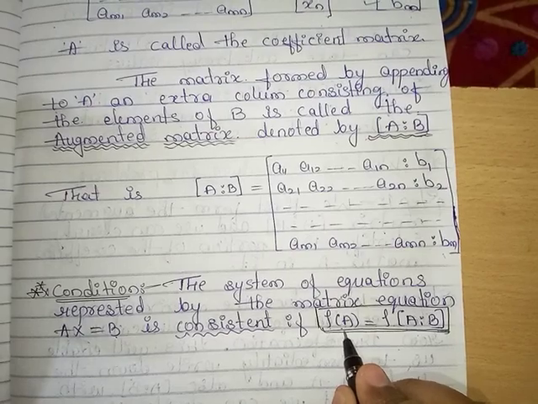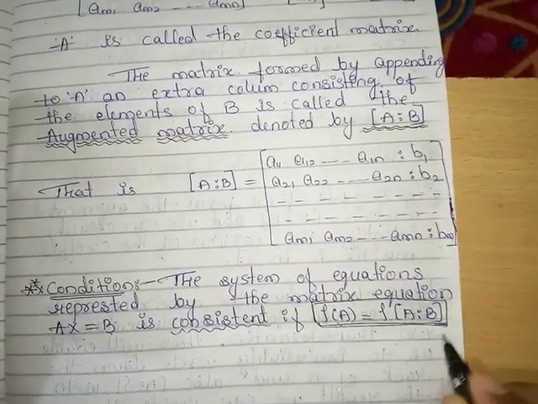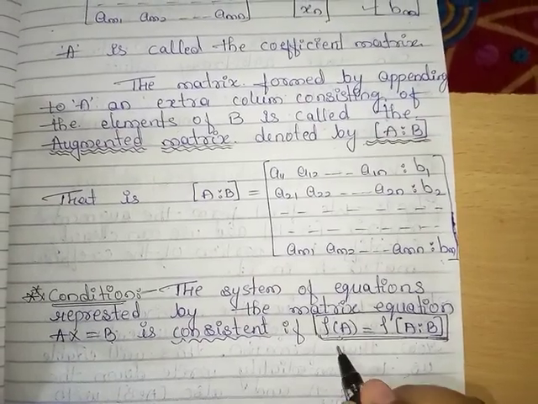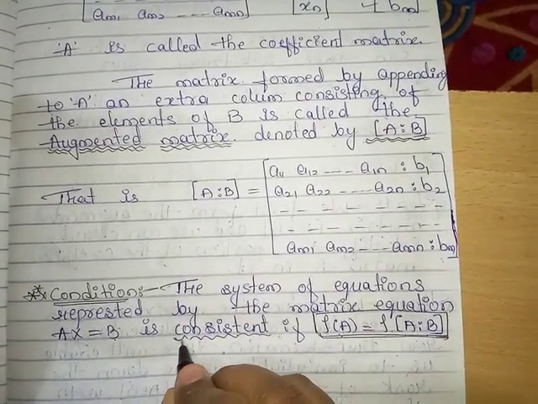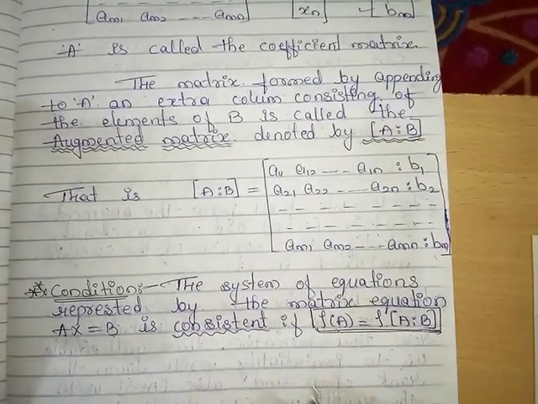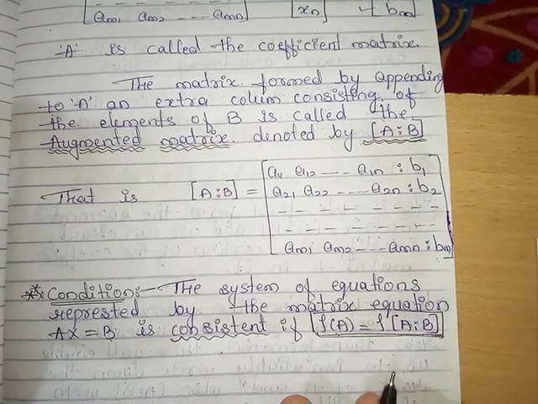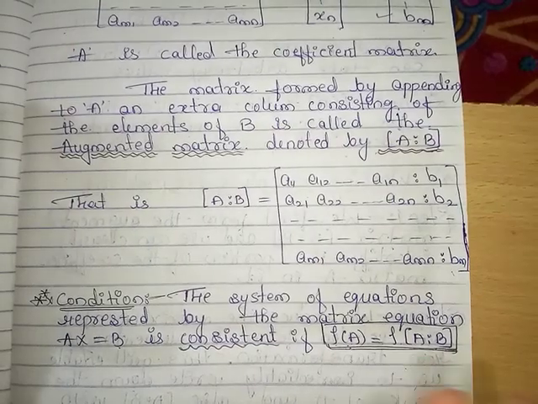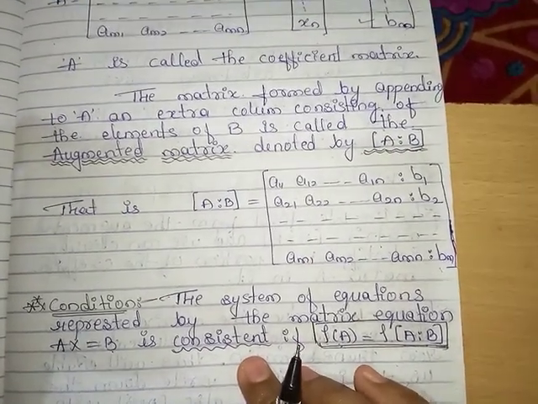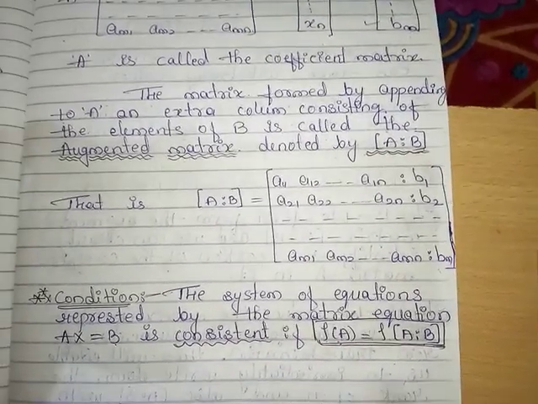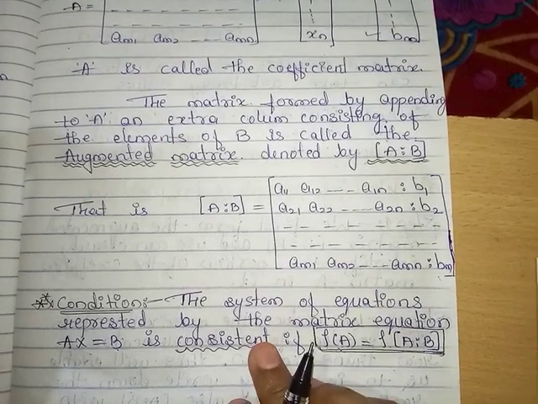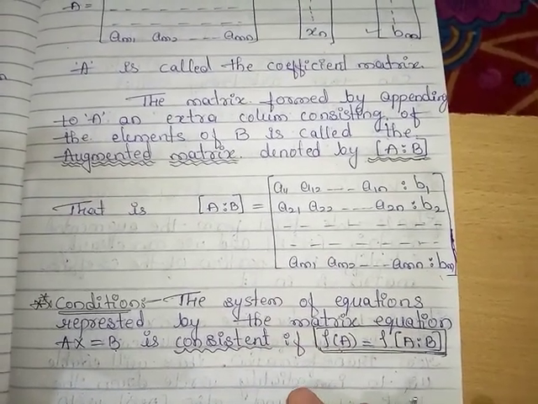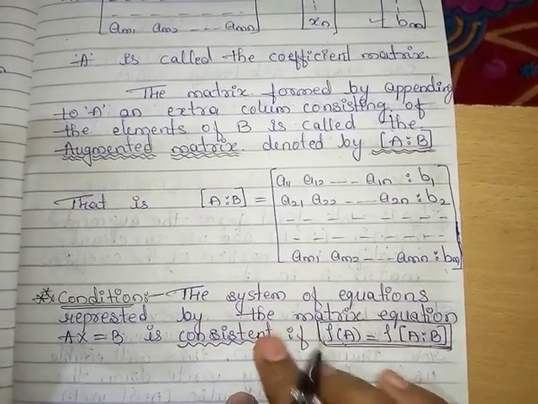If the rank of the matrix A is equal to the rank of the augmented matrix, then only the given system of linear equations is consistent. Otherwise the given system of linear equations is inconsistent. This is the condition to identify the consistency of the given system of linear equations, which you have to remember.